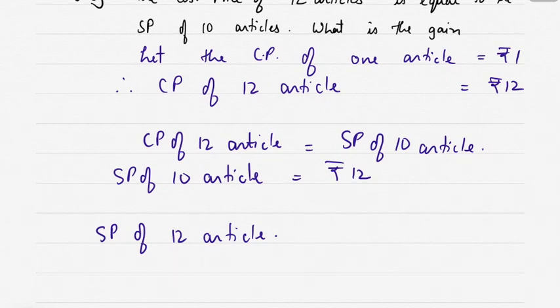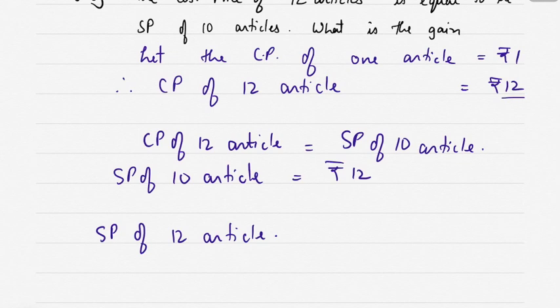You have to find this selling price of 12 articles, so you can compare it with cost price of 12 articles. You know cost price of 12 articles is 12. If you come to know the selling price of 12 articles, then you can calculate it.